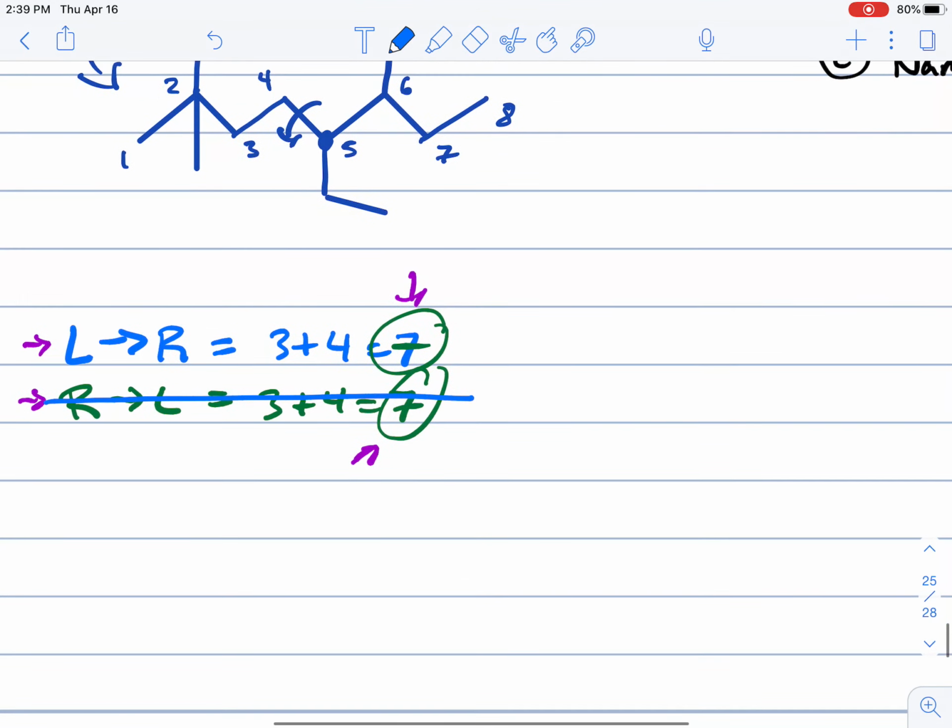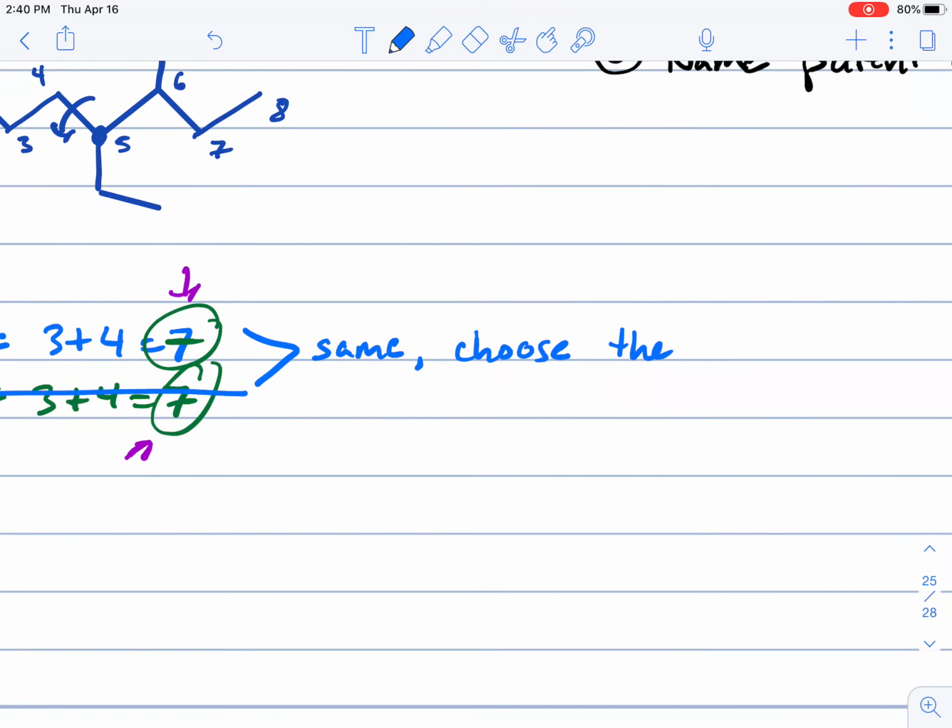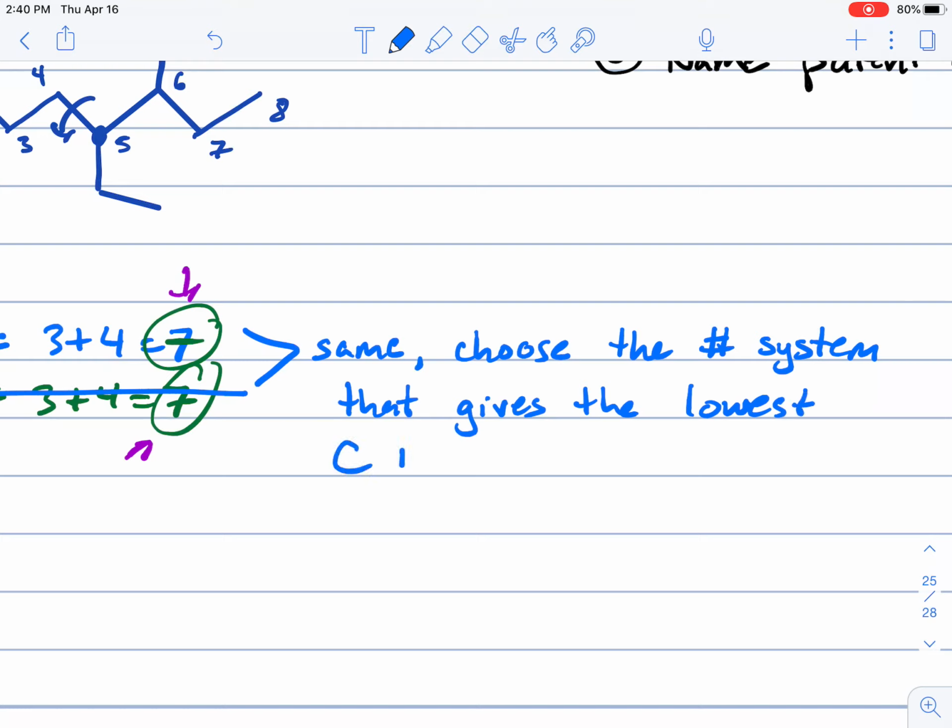We determined that even though these values are the same, you're going to choose the number system that gives the lowest carbon number to the first substituent to be named.